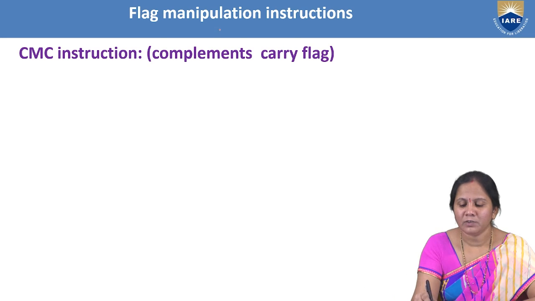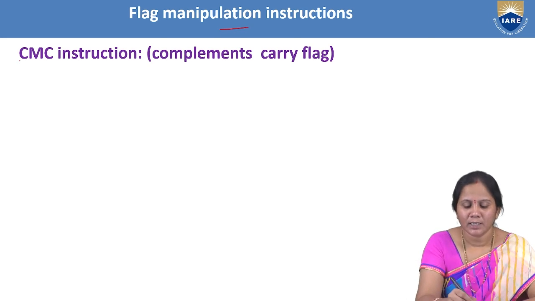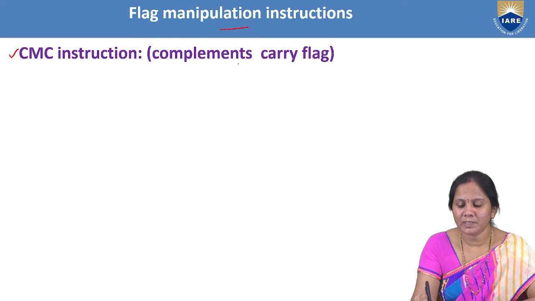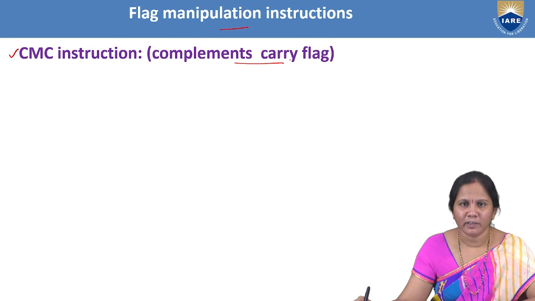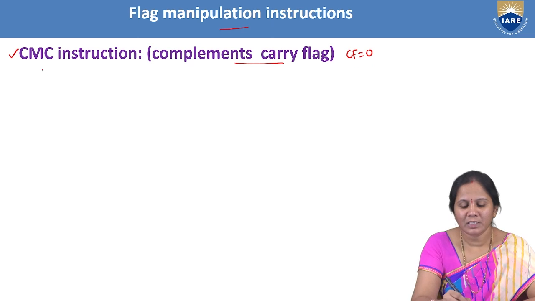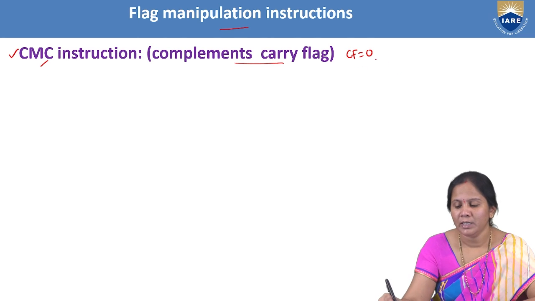The next flag manipulation instruction is the CMC instruction. CMC represents complement the carry flag. For example, if the carry flag is 0, when the CMC instruction is executed, the carry flag will become 1.